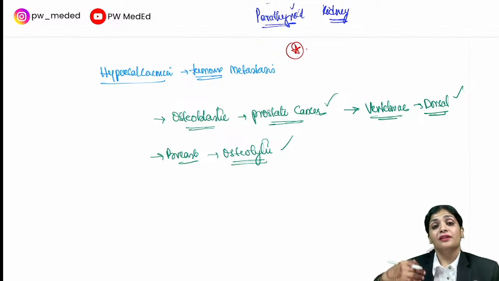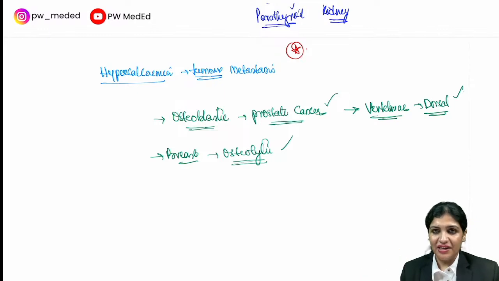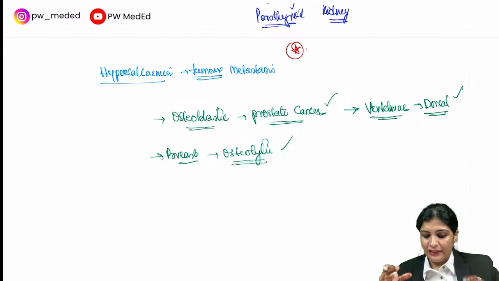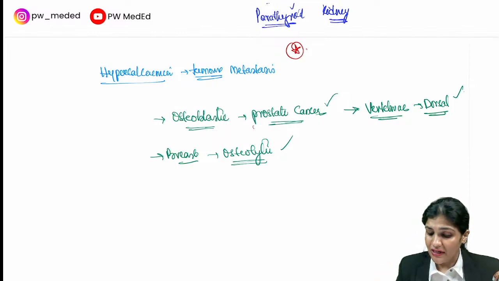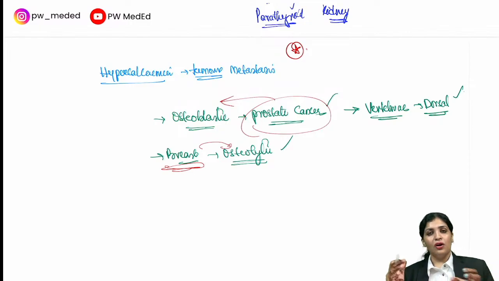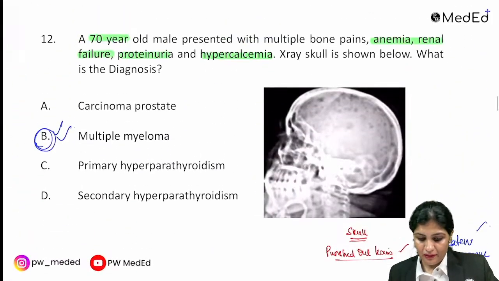After secondaries, the most important primary is your multiple myeloma, right? In case of secondaries, you mainly see them in the vertebra, mainly the dorsal vertebrae. And what you have to remember about prostate cancer is that these secondaries are osteoblastic, and in case of breast they are osteolytic. So that completes the answer for this particular question.